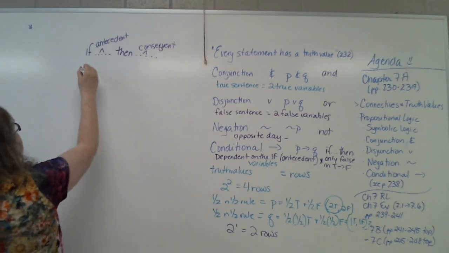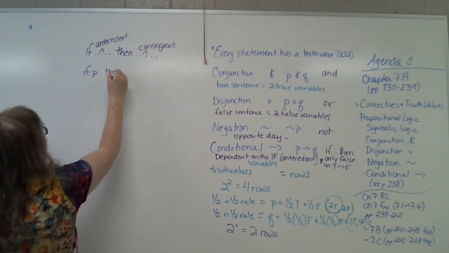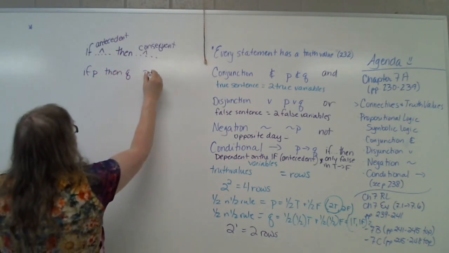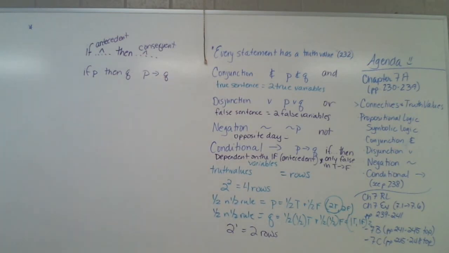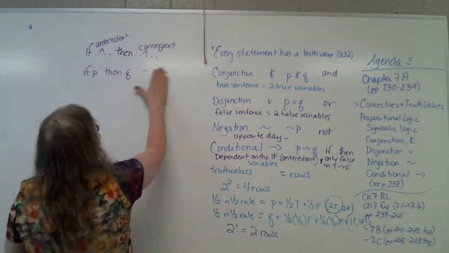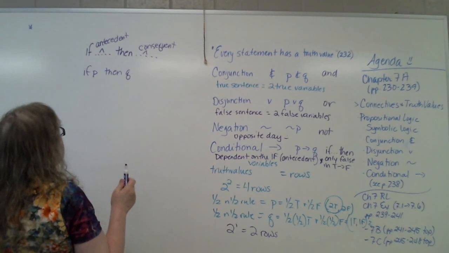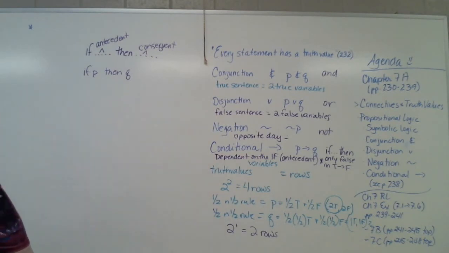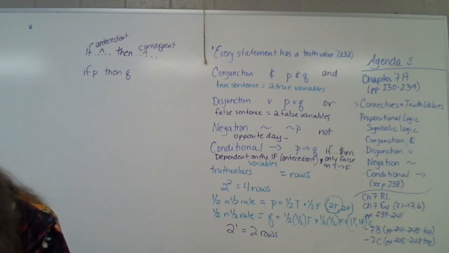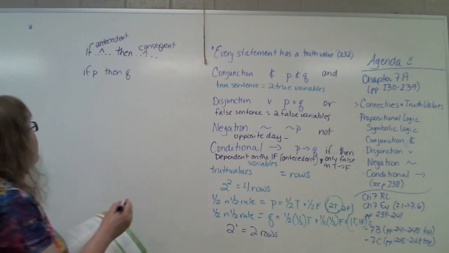And we do the if P then Q, or now that we have the symbol, P to Q. Okay? So we have a lot of ways that we can express a conditional in English, and really, we boiled it down to 4, okay?